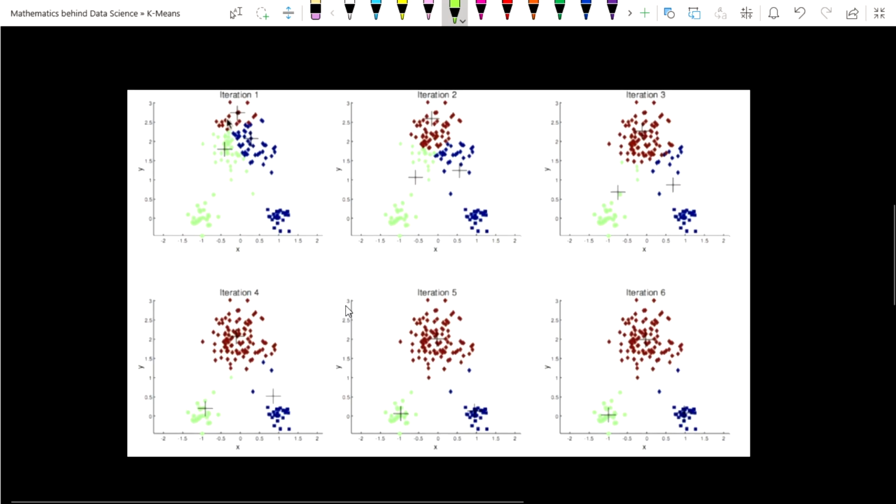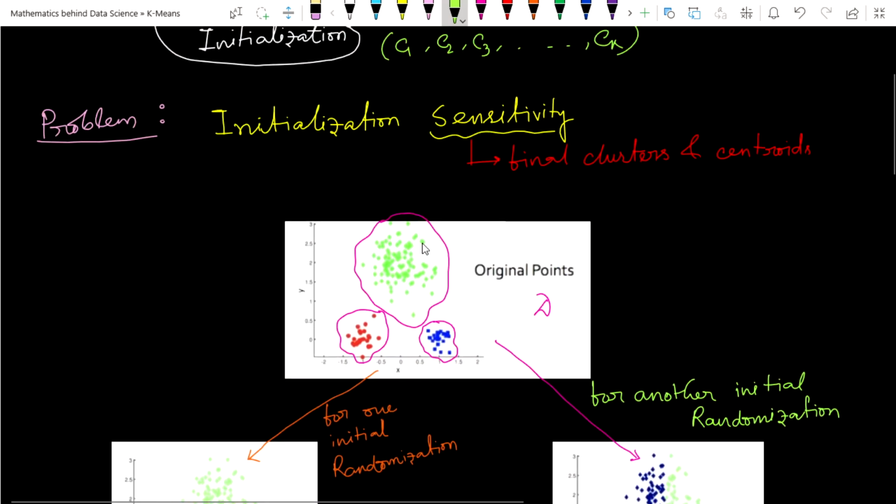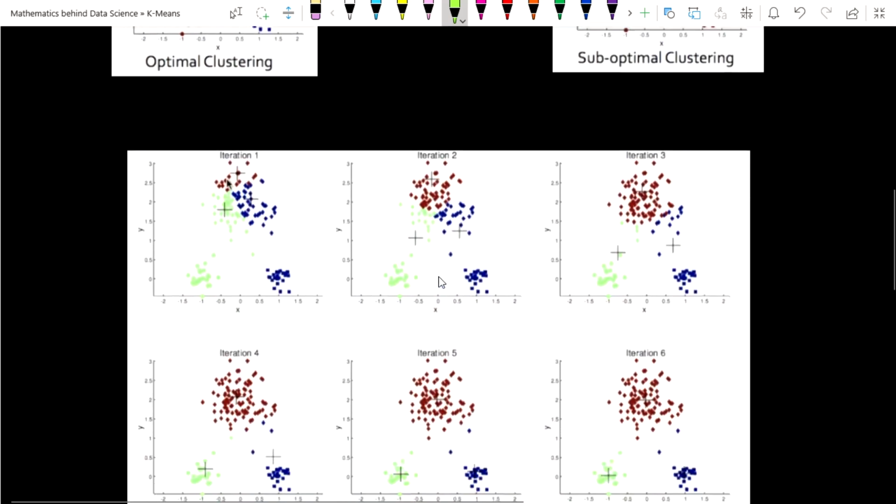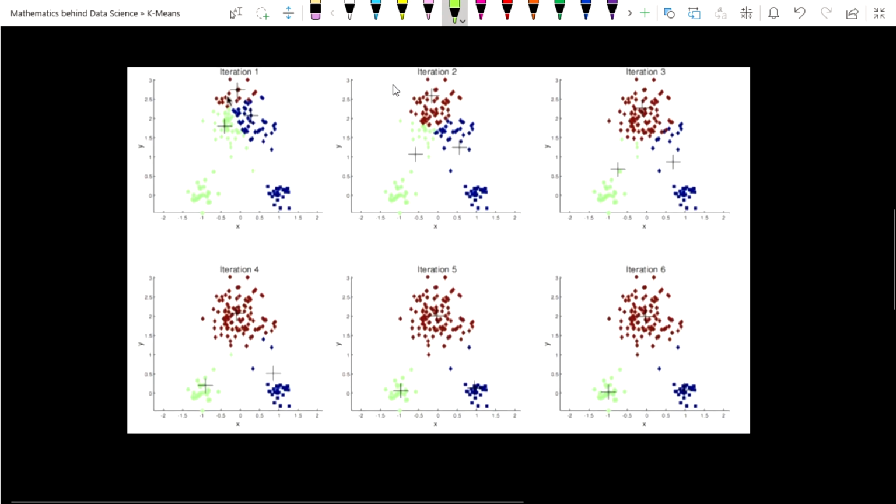So this is the same data set D. Suppose initially I have picked these three points. Since picking the k points is equally probable, suppose initially I have picked this point and this point.